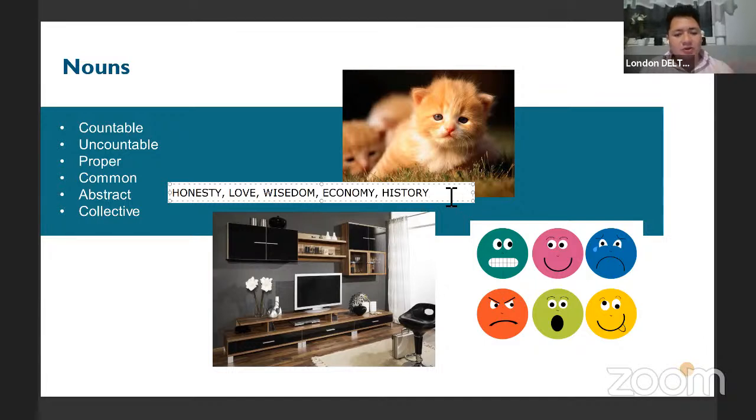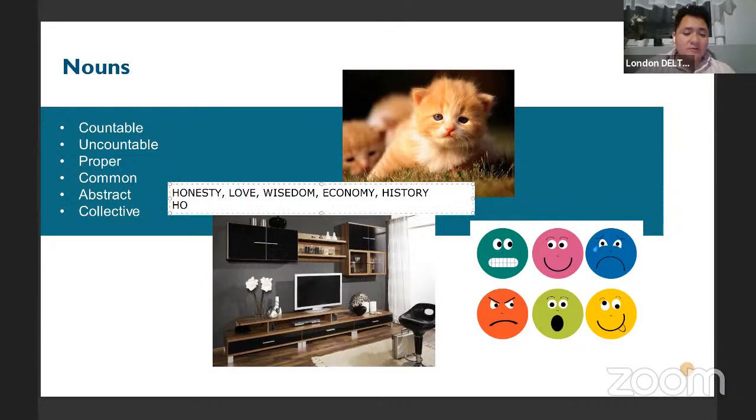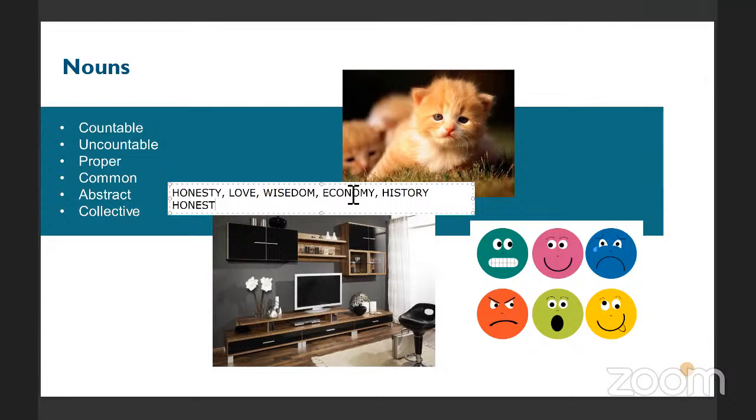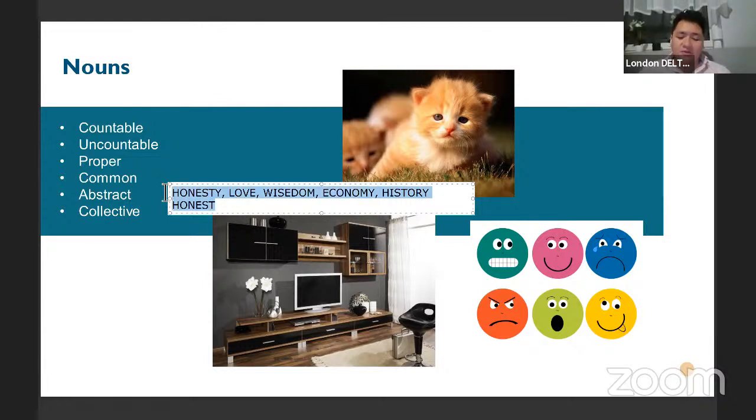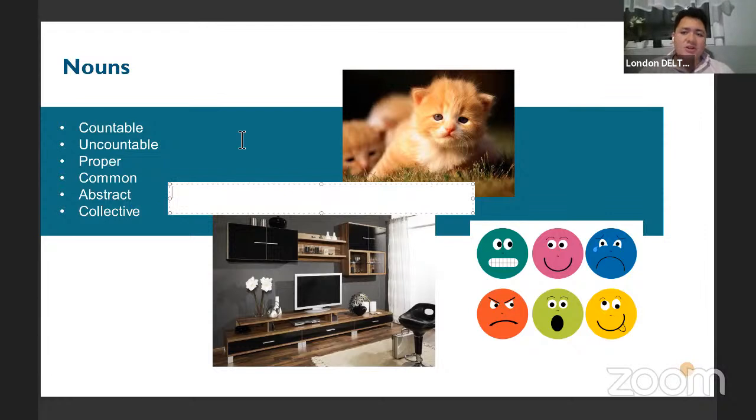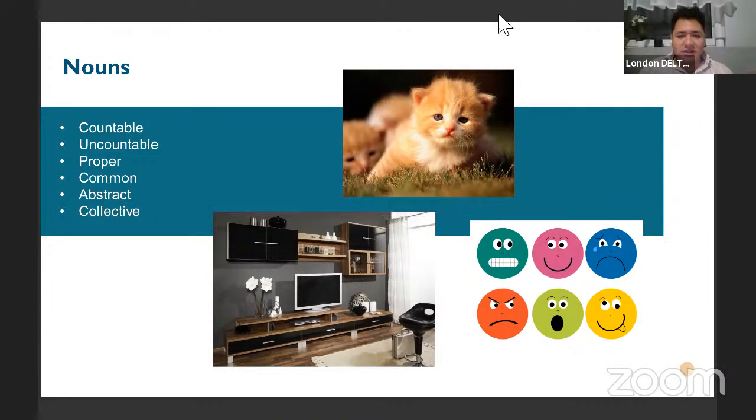This is important to identify, because honesty is the noun, but honest, what is honest? Adjective. So it's a different part of speech. That's what we need to identify. And with this class, we need to identify different parts of speech.